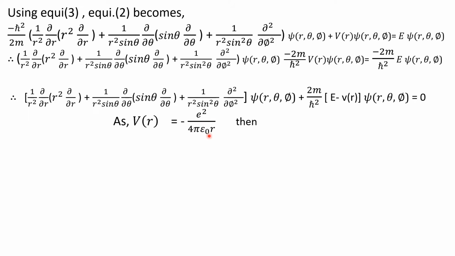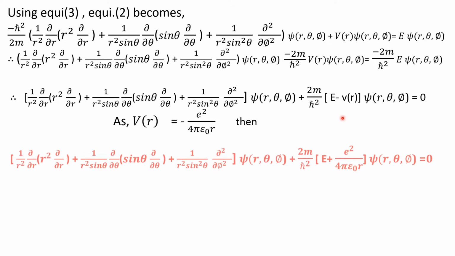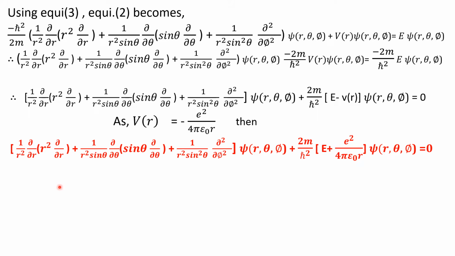It is minus e square divided by 4 pi epsilon 0 r.